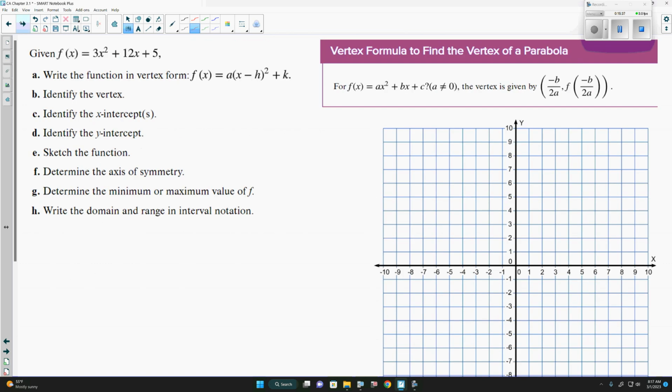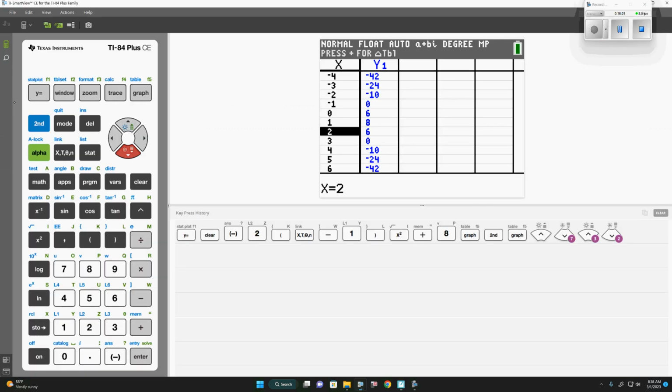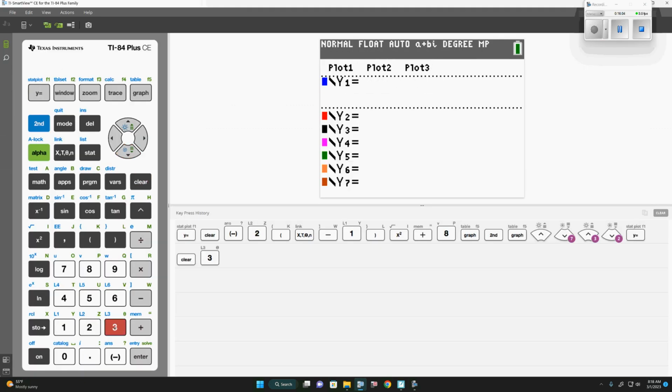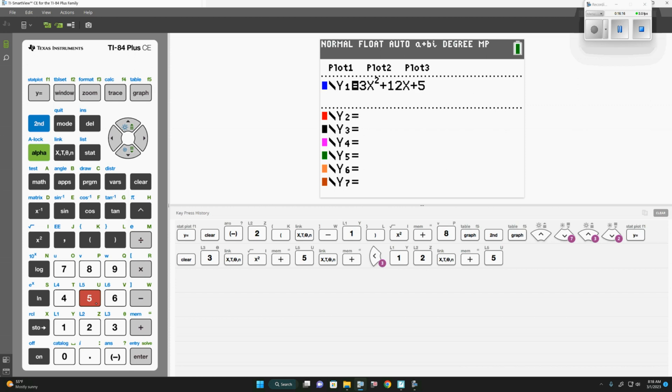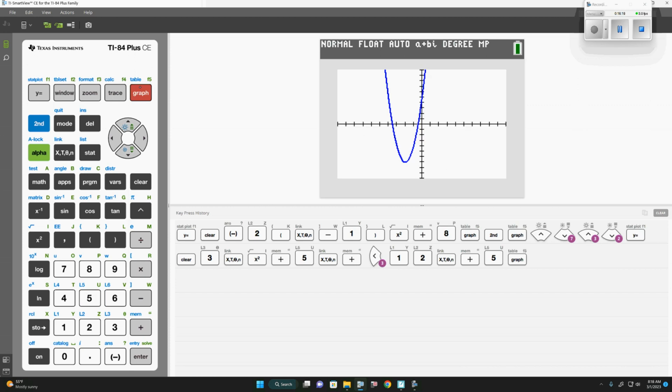So even if we look at this here, 3x squared plus 12x plus 5, we could get the vertex, x-intercepts, y-intercepts, the sketch of the function, the axis of symmetry, maximum, minimum value, domain, and range, all from the graphing calculator. 3x squared plus 12x plus 5. Graph, we have this here.